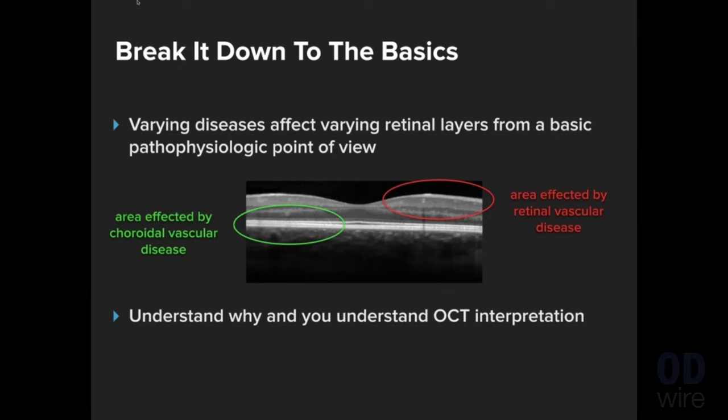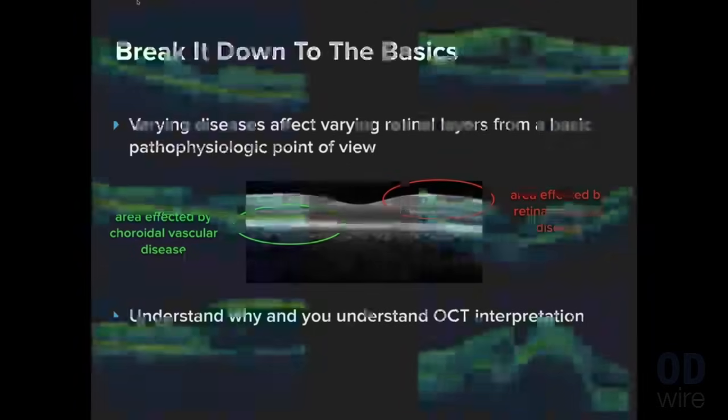I'm going to spend the next few minutes helping you to understand the importance of this distinction, because it's not about just finding all the different layers and knowing which layer is swollen when, but rather there are certain patterns that you can use to determine very quickly what's the diagnosis and what's the best treatment.